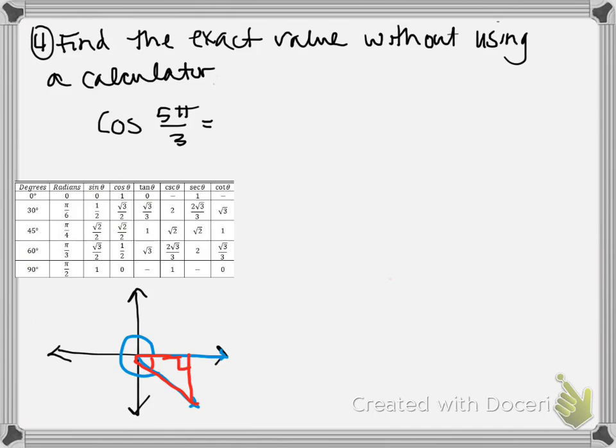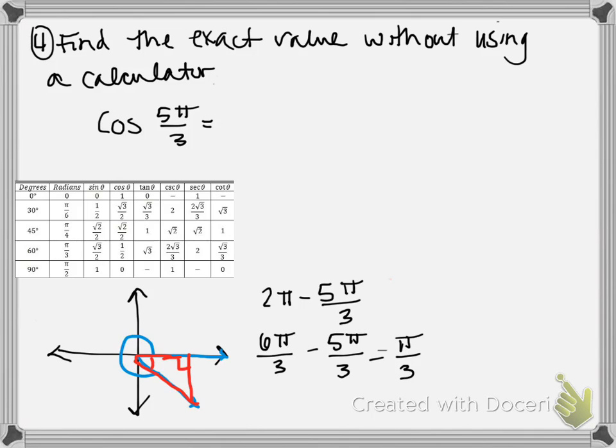It's going to be, let's see, 1 time around the circle is 2 pi minus 5 pi over 3. I could convert to degrees if I wanted to, but let's just see. 6 pi over 3, I need common denominators, minus 5 pi over 3. That's going to leave me with pi over 3. So I'm going to use pi over 3 as a reference angle.